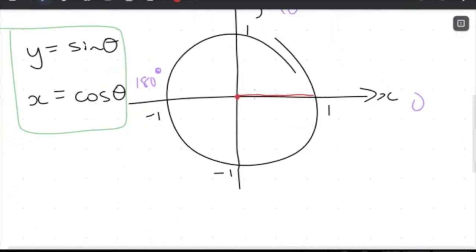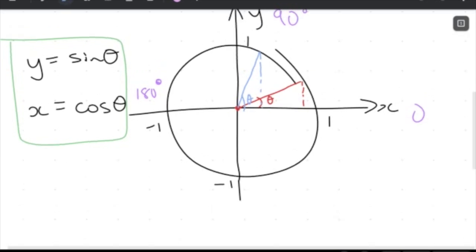Now let's have a look at what happens. So our angle is going to get bigger. Let's rub out this red line. As my angle gets bigger here, if I compare my adjacent side to my angle theta, now it's something less than 1. It's gotten a bit smaller. And as we keep going up, say this is theta, my cos, my adjacent side over 1, is getting smaller and smaller and smaller.